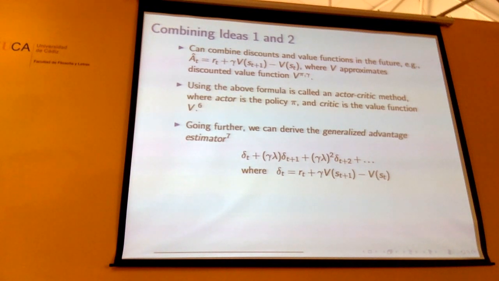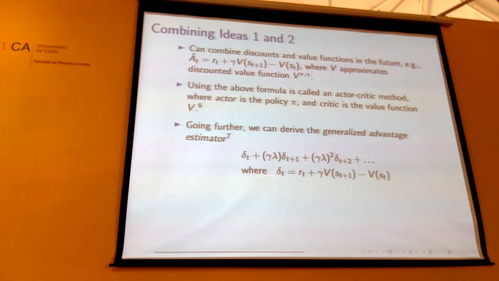We can derive a pretty neat estimator where everything we've talked about so far is a special case of it. What we do is first define this term delta, which is the difference of reward plus next value minus current value.